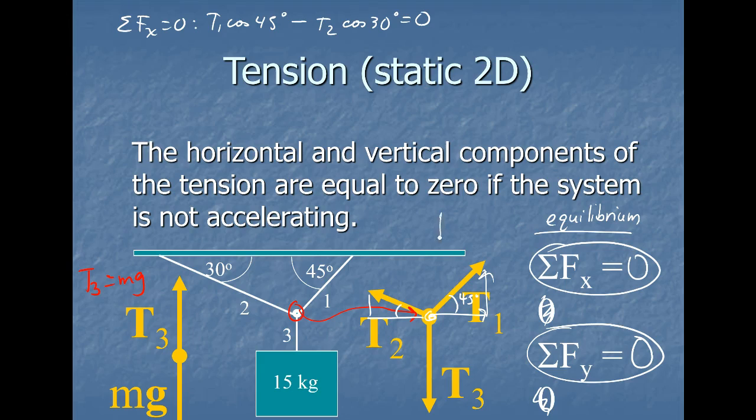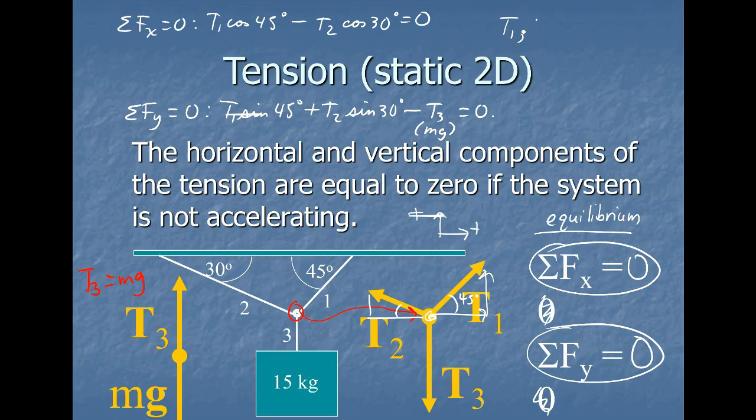And we're just going to say that upwards is positive and to the right is positive. We could also say that the sum of the forces in the y direction are equal to 0. So that would give us T1 sine 45 plus T2 sine 30 minus T3, which we know is equal to mg, is equal to 0. And this would give us a system where T1 and T2 are the variables and we have 2 unknowns.